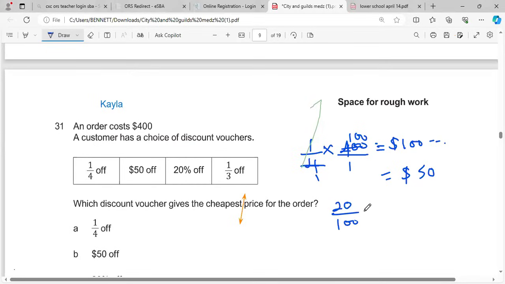Then after you write that down, you'd say 100 into 100, 1, and 100 into 400, 4. And 4 multiplied by 20 is 80.